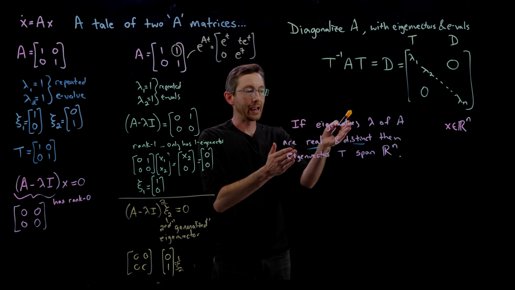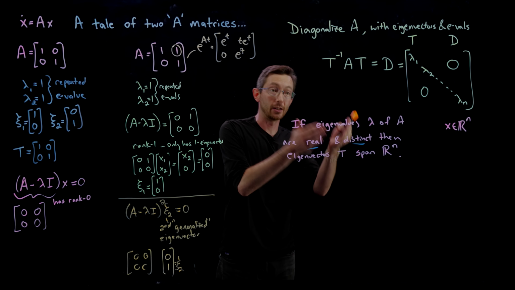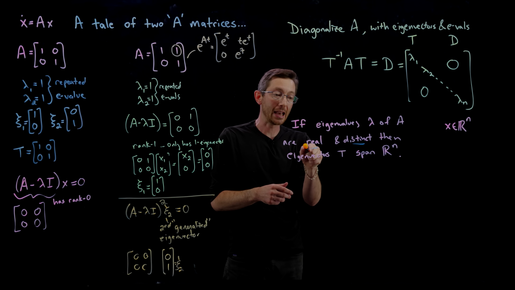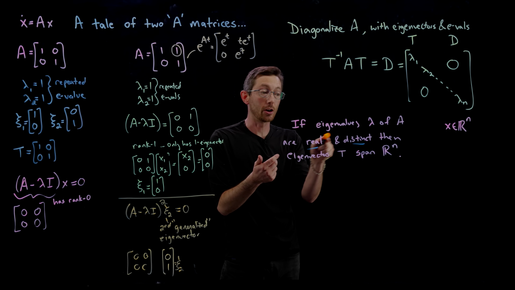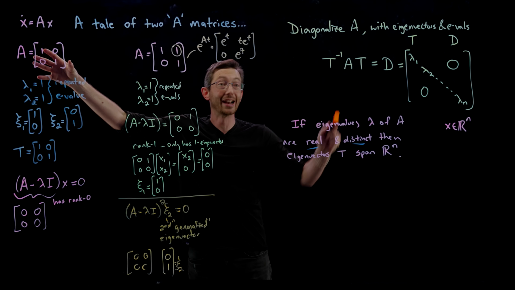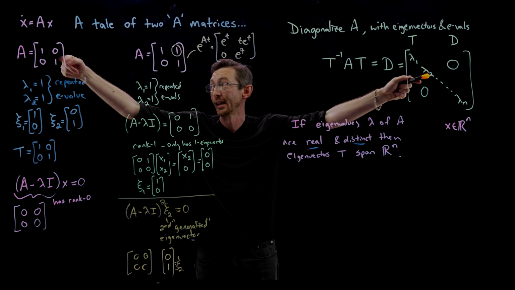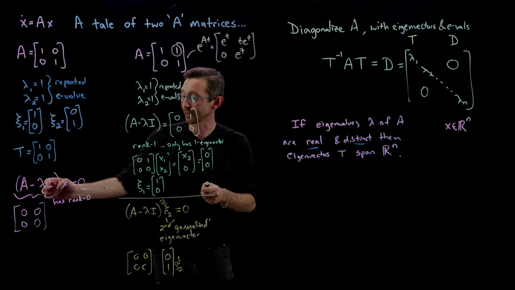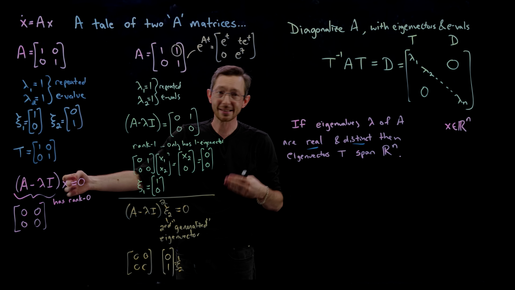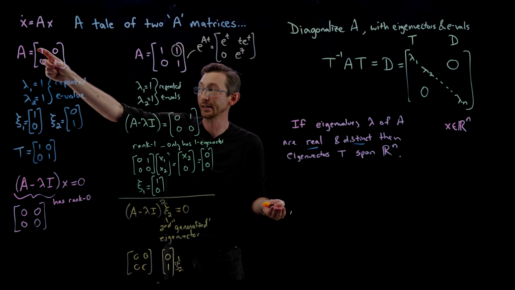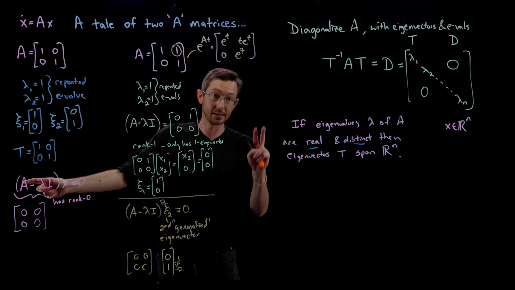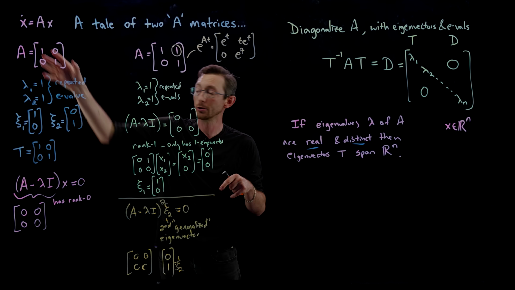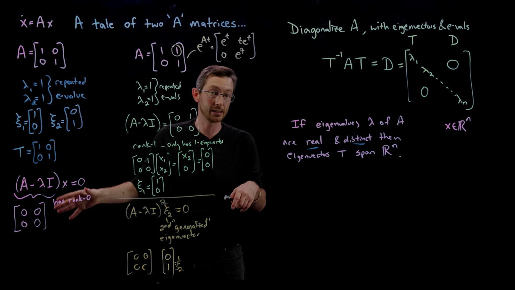Definitely if my eigenvalues are real and distinct, then I definitely can diagonalize my system. There will be some cases where my eigenvalues are not distinct, like this one, where I can still diagonalize it. It's still diagonal. Those cases are where my null space of A minus lambda I has the same dimension as the multiplicity of my eigenvalues. This has a null space of dimension 2. This has multiplicity of the eigenvalues 2, so I can still diagonalize this system.